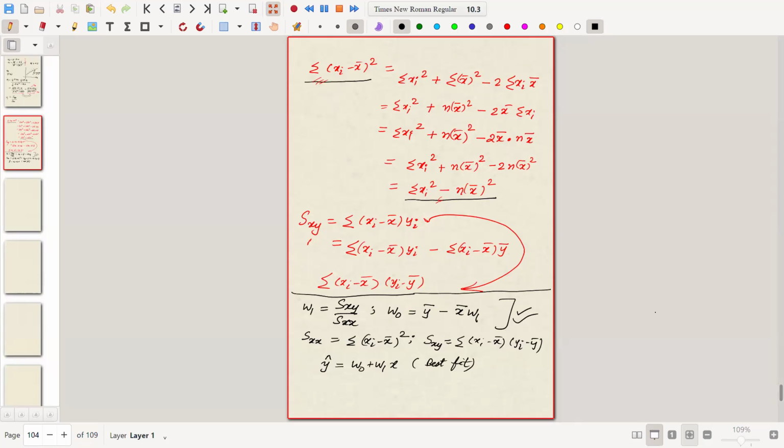Suppose I give you a data set x and y, xi, yi corresponding. Then you can find the mean x bar and the mean y bar, and sum them up to get Sxx. Sxy also you can find, using tables. So W1 you can find, W0 you can find, finish.